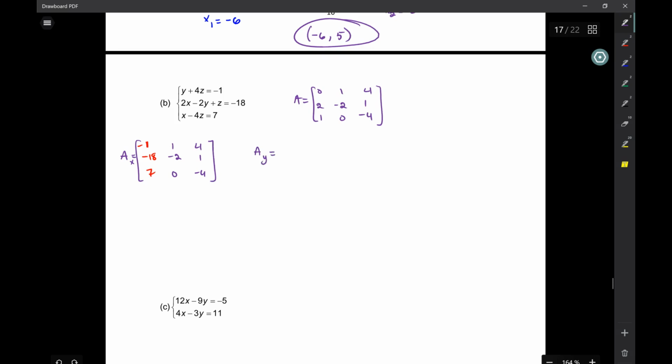Then Ay, I'm going to replace the middle column. Az, I'm going to replace the last column.